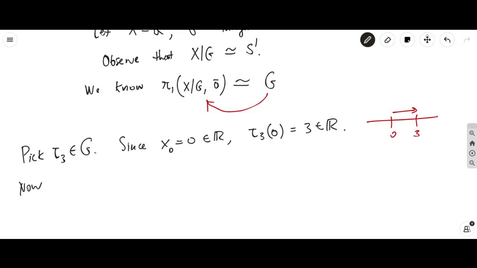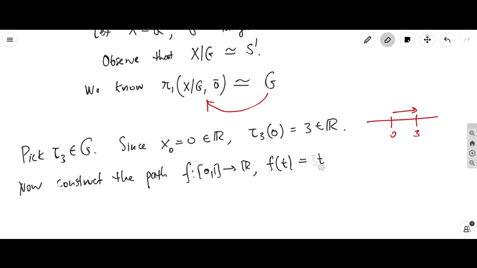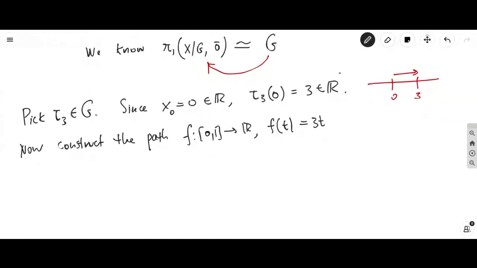So now construct the path from 0, 1 into the real line. F of t is 3t. So 3t would be the map. It starts at 0, it finishes at 3. If we project, and then we have the universal cover from R to the circle, this is the exponential map.